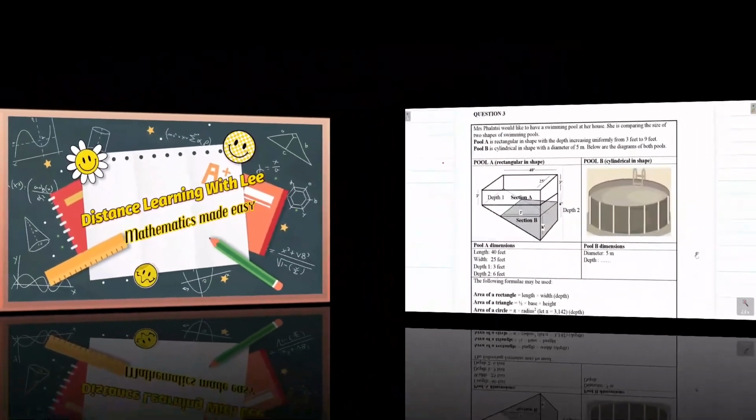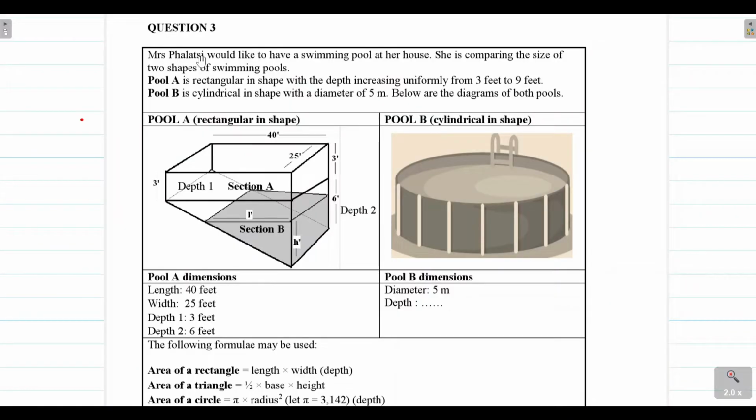Let's have a look at question 3. It says Mrs. Palazzi would like to have a swimming pool at her house. She is comparing the size of two shapes of swimming pools. There's pool A, which is rectangular in shape with the depth increasing uniformly from 3 feet to 9 feet. So the depth increases from 3 feet to 9 feet, because the total depth there now is 9 feet.